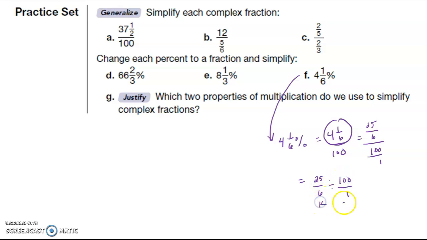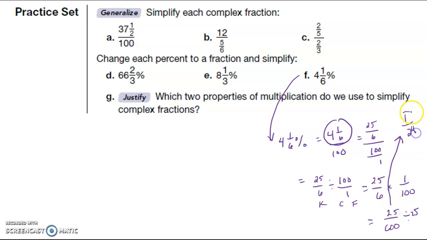Same thing, keep, change, flip. 25 over 6 times 1 over 100 is equal to 25 over 600. And if I divide by 25, I get 24. So I kind of ran out of room over here, but this is going to be 1 over 24.